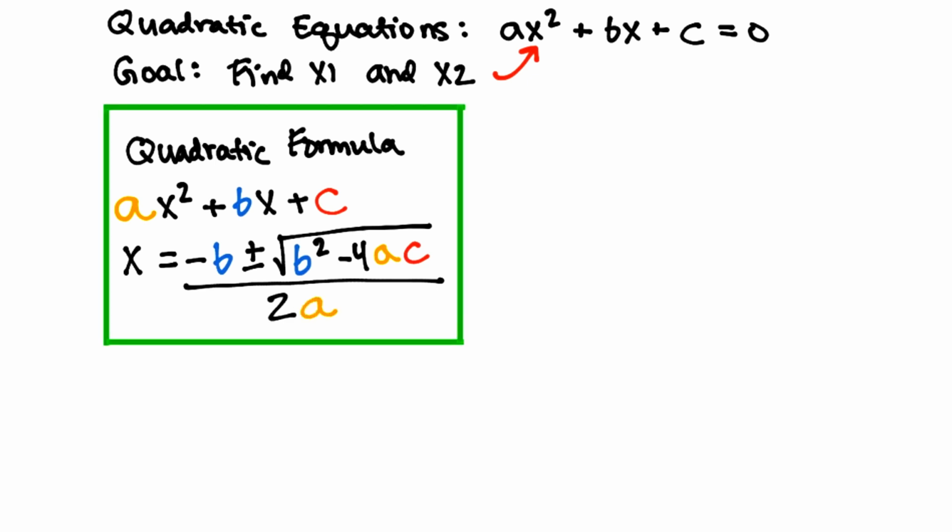So this here is going to be our handy dandy note card that we'll want to make and continue to reference until we have the quadratic formula memorized. So let's work out an example.